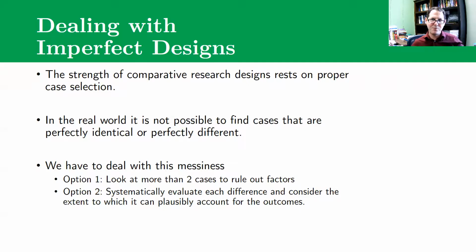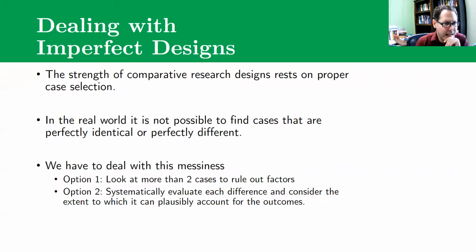So we could use those three cases and say, well, I'm not getting the exact variation I want with these two, but by adding a third, I can tease out how these different things factor in and play out. So that's one strategy: I don't have to look at just two cases. I can look at two or three or four or five or six. And hopefully if I get a handful of cases, I'll get the kind of variation I need to say, even though things aren't lining up perfectly, I can look at this pair of cases and this pair of cases and rule out different explanations.